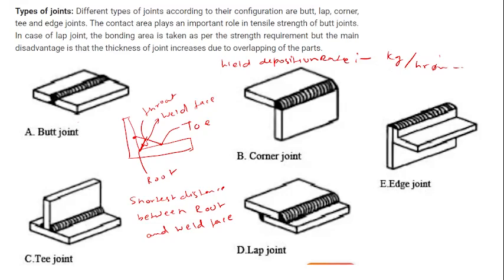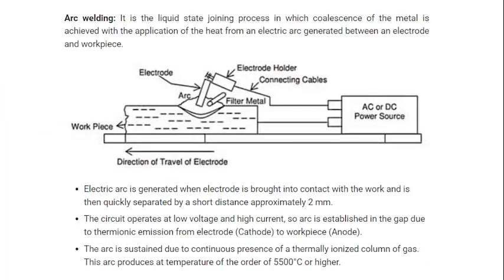Now move on to arc welding. Let's start with arc welding. This is the most important topic for this whole welding course. In arc welding, you should know the principle. You should know everything thoroughly about arc welding, because this is the welding process which is mostly used everywhere.